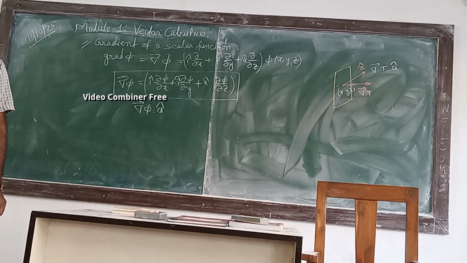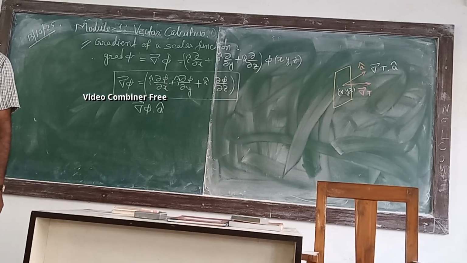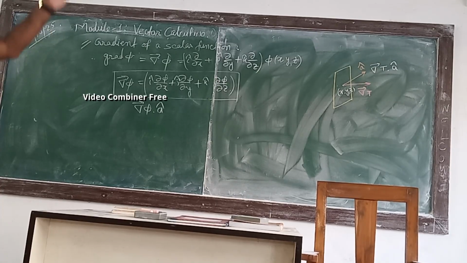Grad phi is the rate of change of phi at xyz normal to the surface, and grad phi dot A is physically defined as the rate of change of phi at xyz along A cap.